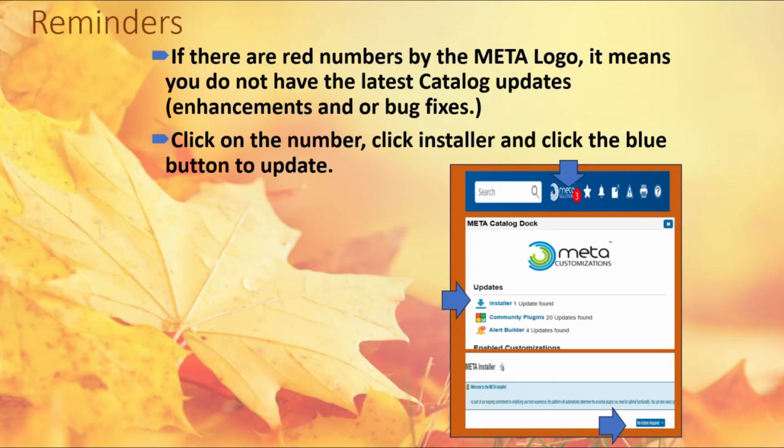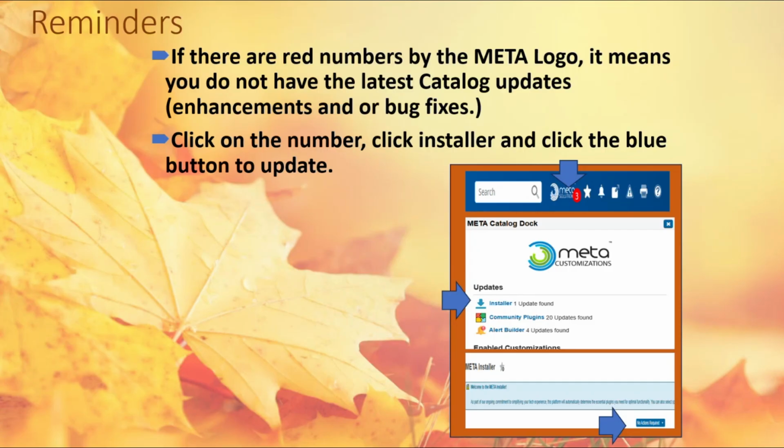Sometimes the numbers can be a little deceiving. For instance, I had one the other day that said 1, but what that was showing me is I had one installer update, and then behind it, once that updated, the little blue button changed and said install 15 plugins. So keep that up to date. It takes minutes, but that way you know you've always got the latest, greatest.